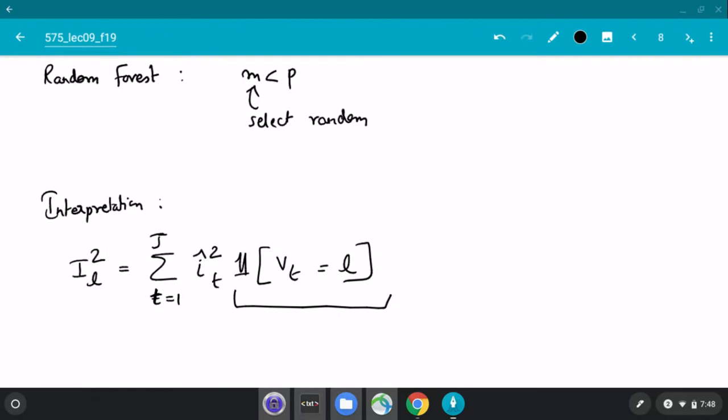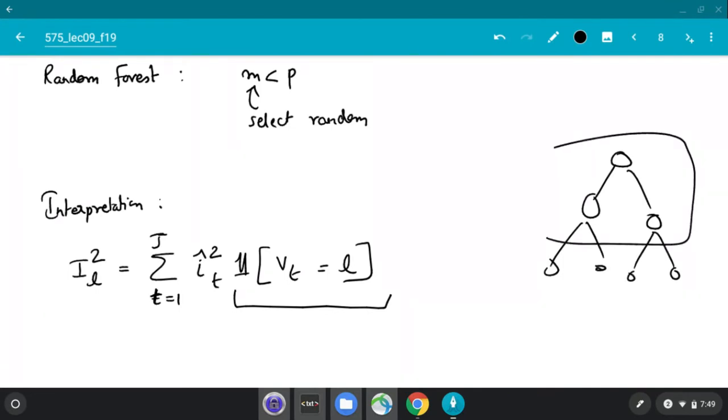Internal nodes means not the final regions, but the regions which got split into the final regions, and all regions before. Everywhere you decided a split is a node, indexed from t equals 1 to capital J. If I had a tree, then these are the three internal nodes.